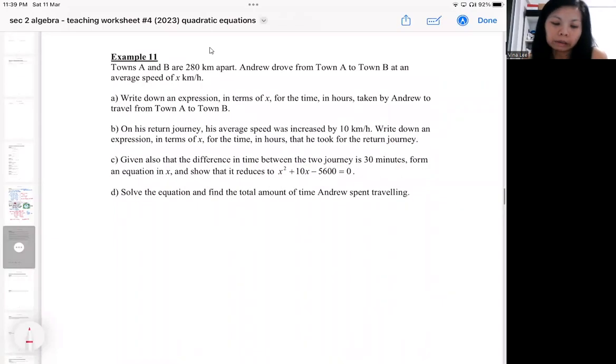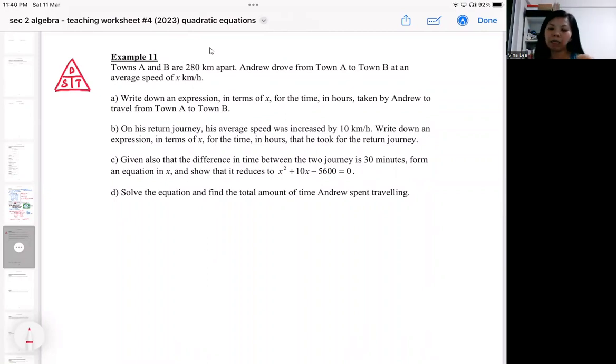This example is the typical speed distance time example. So if you still remember Sec 1, we encountered speed distance time. So when it is speed distance time, we'll start to draw the triangle. And when it is speed distance time, you actually got to take note of the units.